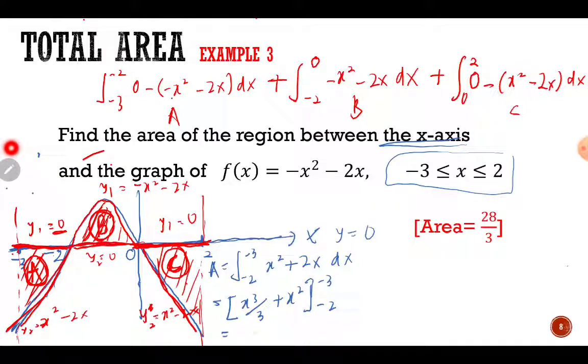Negatif 3 kuasa 3 per 3 tambah dengan negatif 3 square. Tolak negatif 2 kuasa 3 per 3 tambah negatif 2 square. So careful. There is a possibility you will make a mistake here.